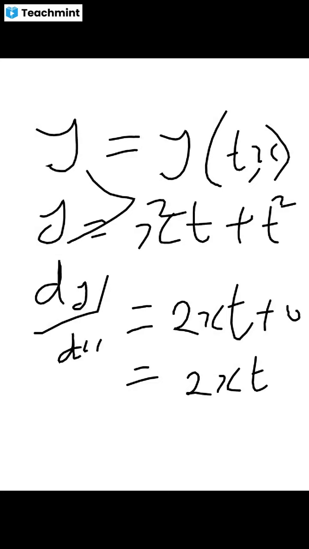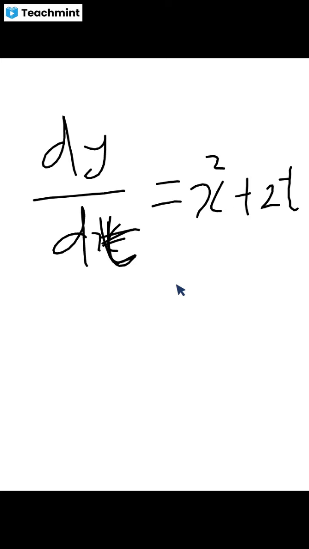So y is equal to x squared t plus t squared, and in this case our x is treated as constant. We now have dy dt equal to x squared, because this is a constant, plus the derivative of t, which is 1, plus the derivative of t squared, which is 2t. So our dy dt will now be x squared plus 2t, and that is what we have here. So that is dy dt.